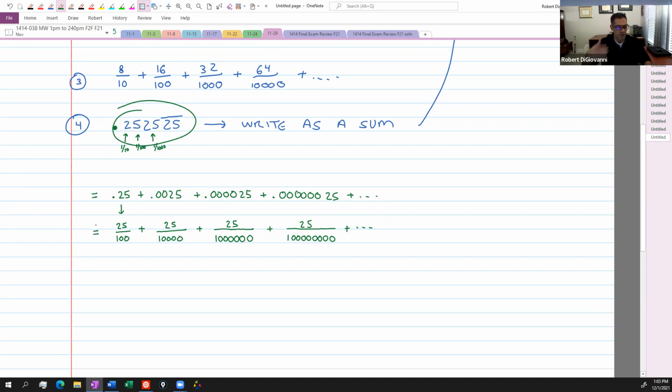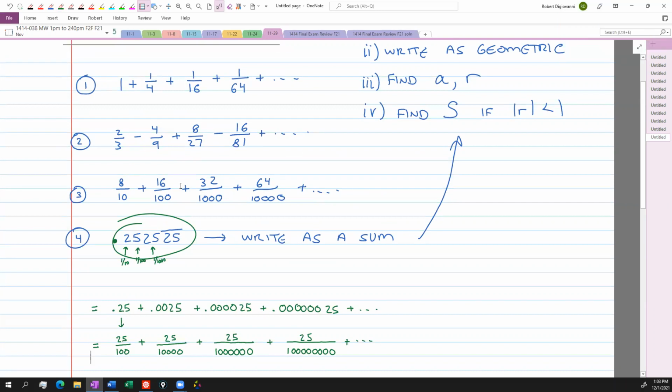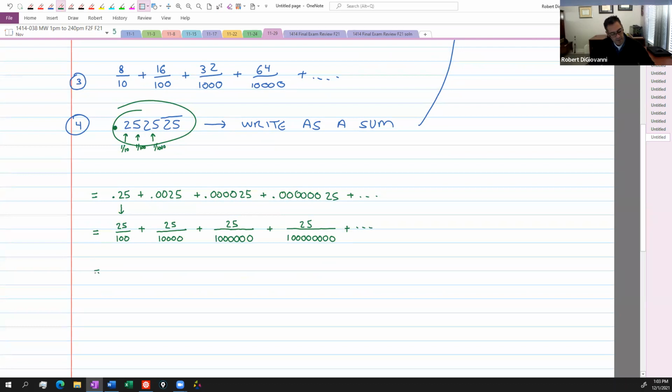See how I'm starting to turn it into something more like what the first 3 problems were, right? So now I'm going to try and get this. I'm going to realize that this is 10 squared. This is 25 over 10 to the 4th power.